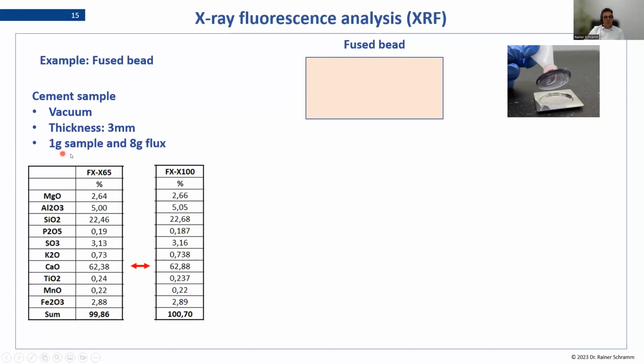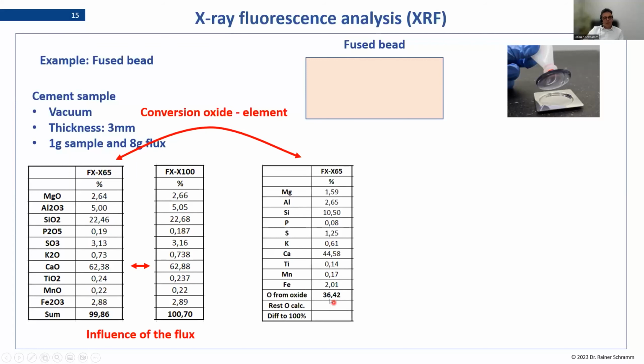So I have only 1 gram sample and 8 gram flux as dilution. And of course, I have to enter this so that the software is able to calculate this result only on the sample part. Because the bead is, of course, the complete sample, where the sample is only a part of it. So this is important to know. So the matrix, again, is important so that you get a good result.